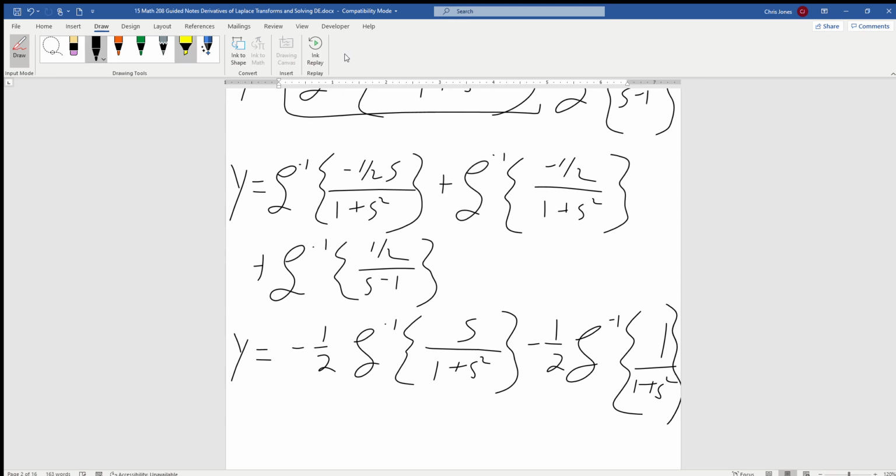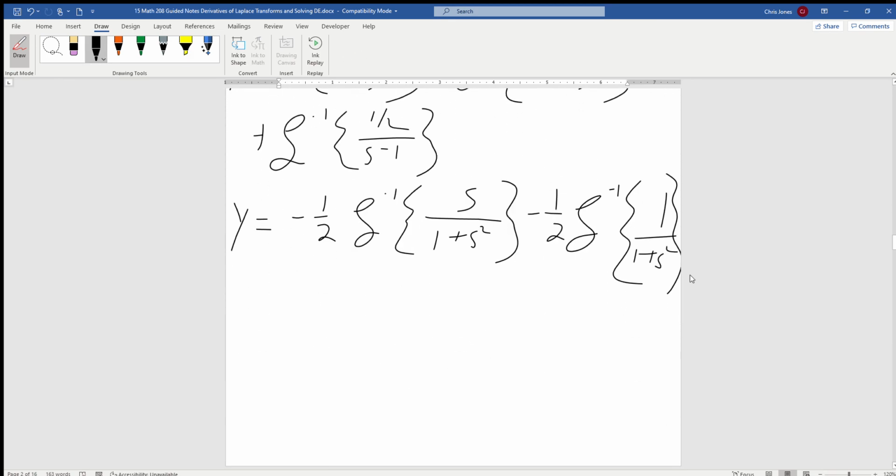So sorry I had to squeeze that in there. And then finally we can just say plus 1/2 of the inverse Laplace of 1 over s, where s turns into s minus 1 for our first translation theorem.